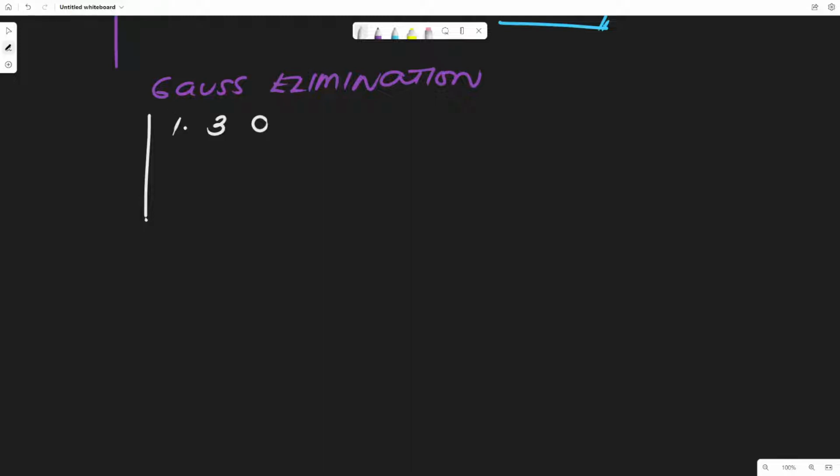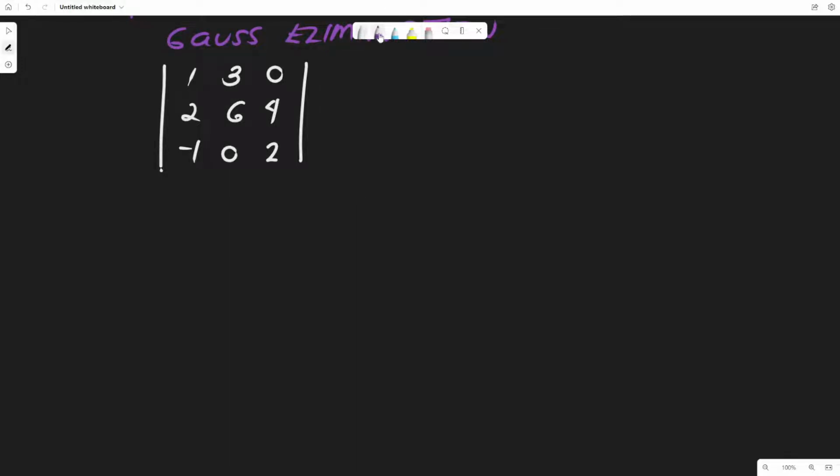Then, we have 2, 6, 4. Then, we have negative 1, 0, 2. No? So, okay, operate lang natin using Gauss elimination. So, we have here, let's say I'll operate R2 plus 2R3, no? Para mag-add sila.